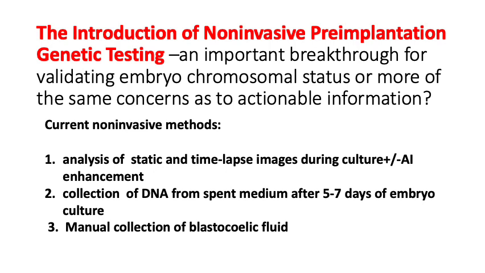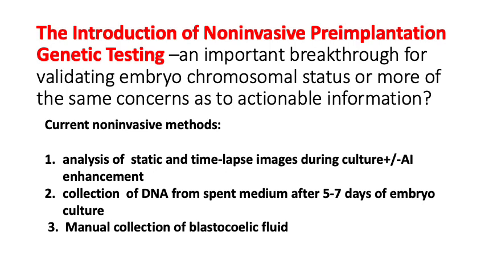One is the analysis of static and time-lapse imaging during culture in a machine, in the embryoscope, for example, with or without the addition of artificial intelligence, which is a really important aspect of this, because artificial intelligence is a collection of large amounts of data from large numbers of embryos and patients that provides additional information content that can be used to determine what works and what doesn't work in terms of morphology and, for example, the aspects of embryogenesis that you've looked at, morphokinetic and morphological, during the period of time in culture.